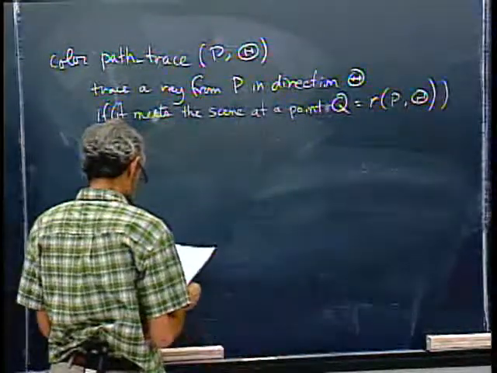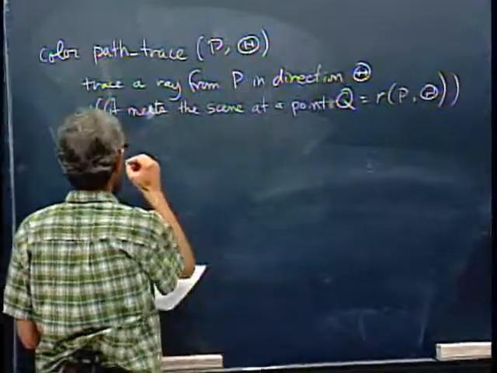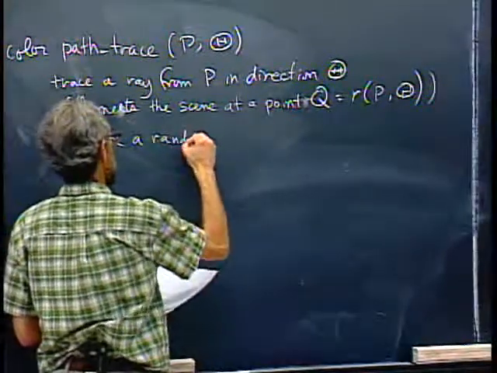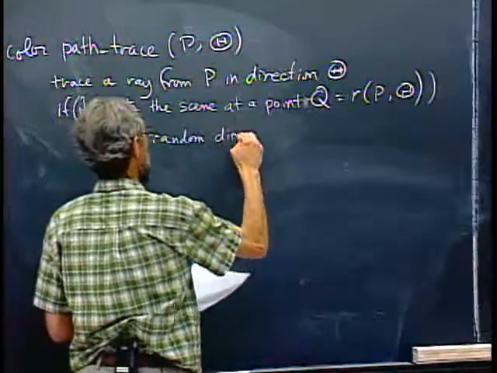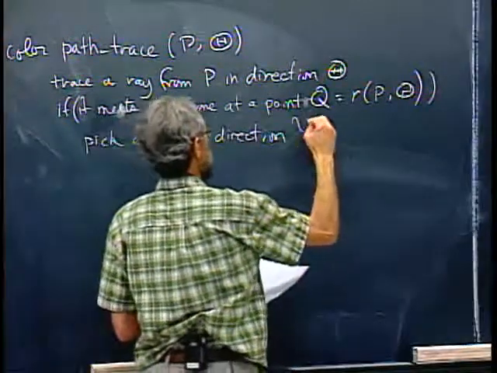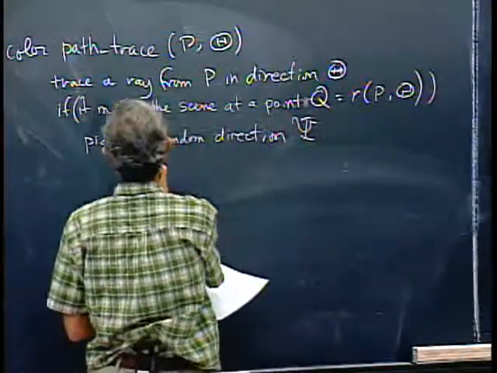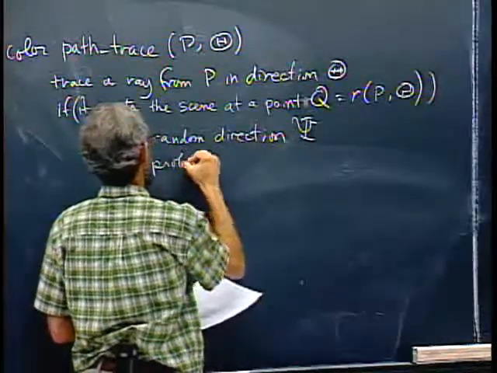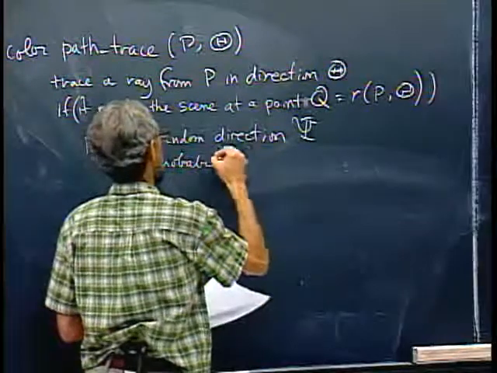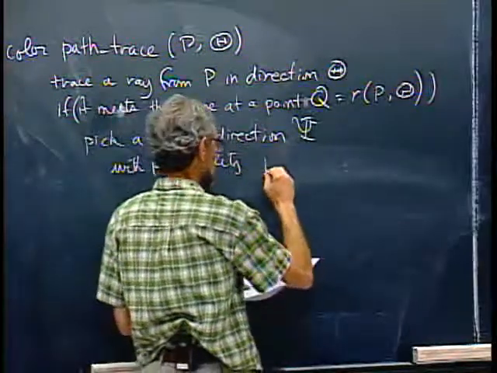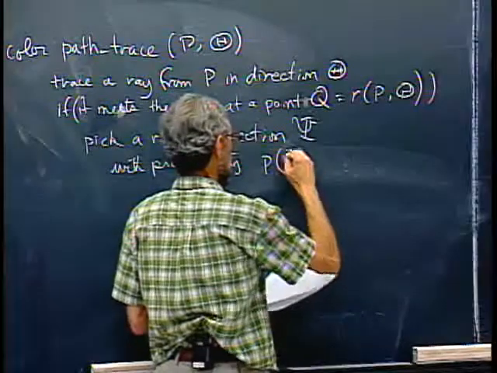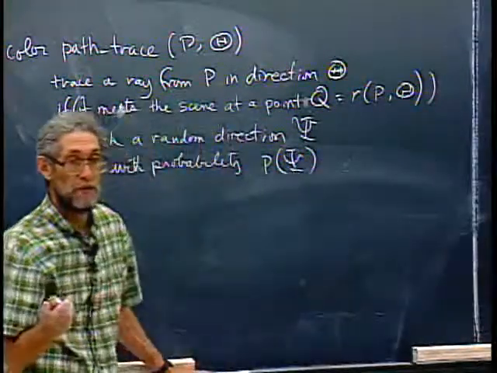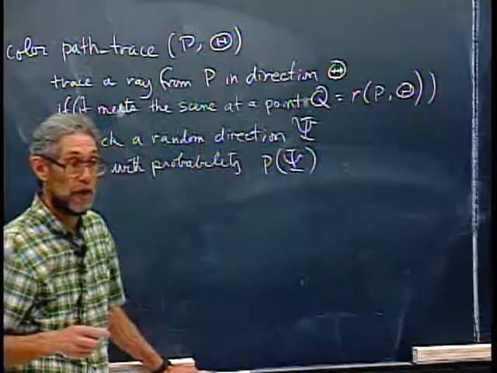Then we'll pick a random direction psi according to a probability distribution P of psi, like the one I derived for the Phong glossy reflection, if that's how the surface was reflecting.